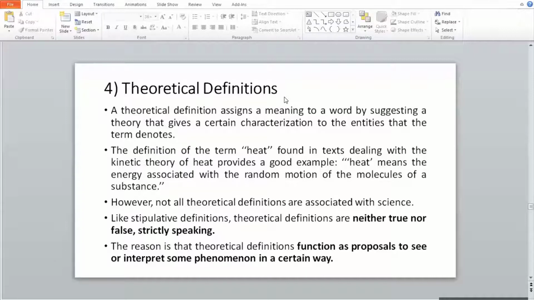When we define motion or heat or speed, we must refer to or cite the theory that applies in defining this term or word. If we refer to those theories and define words accordingly, we can take that as a kind of theoretical definition.